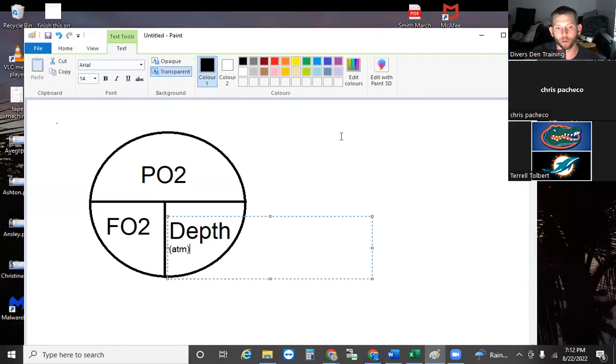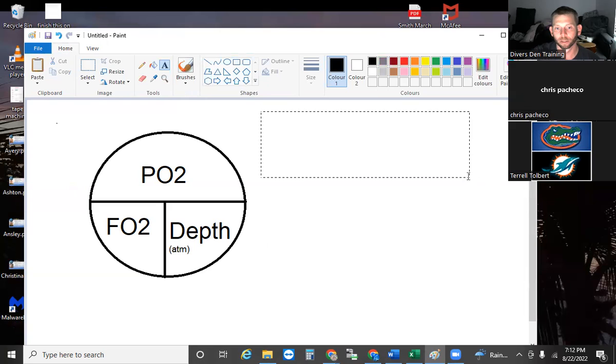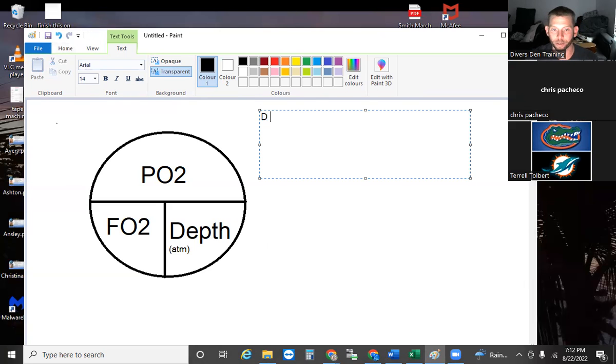Okay, so if you need to write down, depth in atmospheres equals depth in feet divided by 33 plus 1.